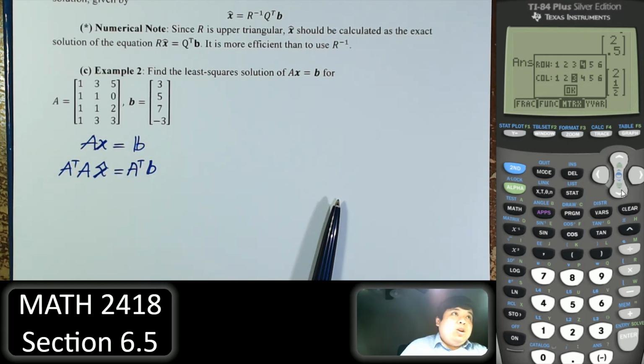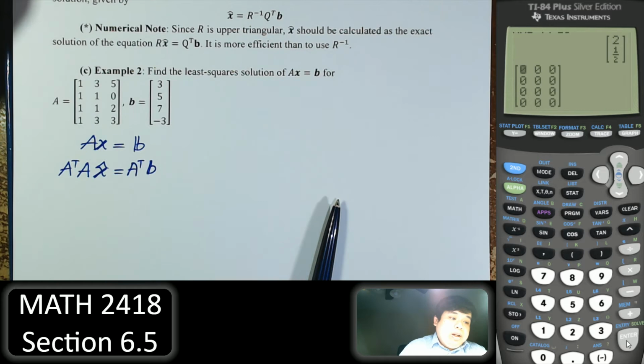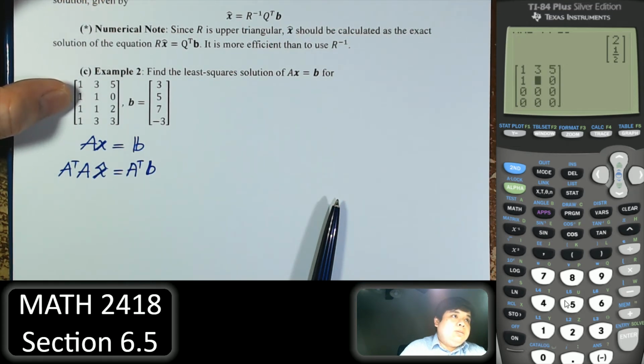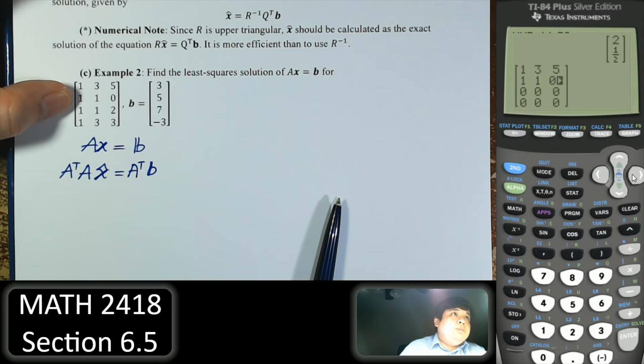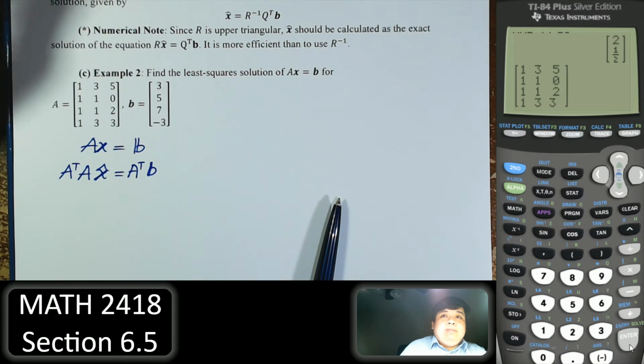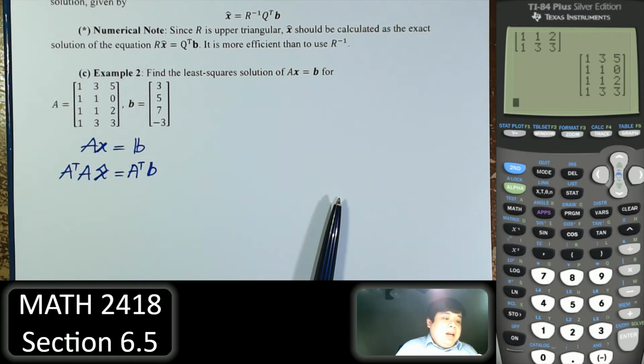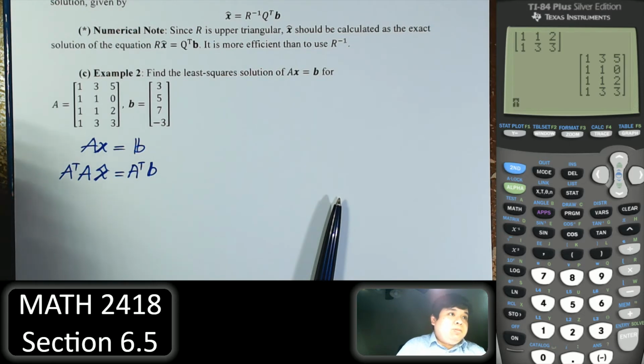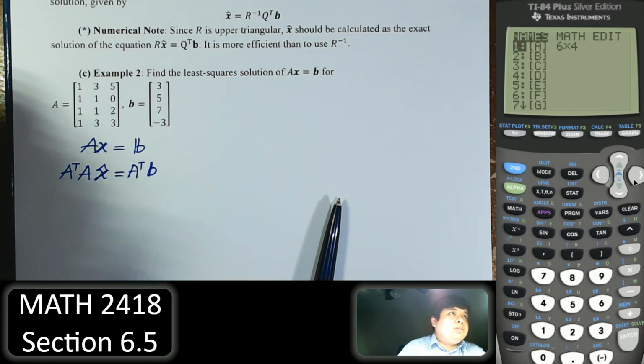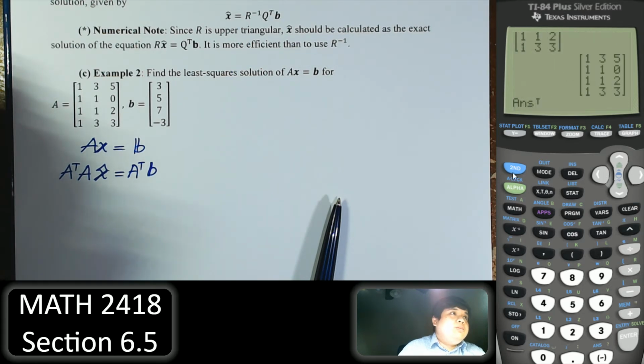When there are 3 vectors, I cannot see if they are linearly independent right away. Right, so that is matrix A. Just hit enter, so I store that into the answer. And then we have A transpose A.